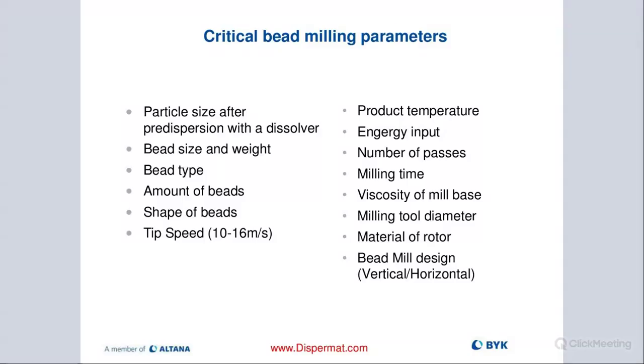Shape of beads is very important. You always want perfectly round or spherical beads, not the ones that look like footballs. We have seen those. They're relatively cheap to purchase, and they will give you very poor milling results. Also be careful.